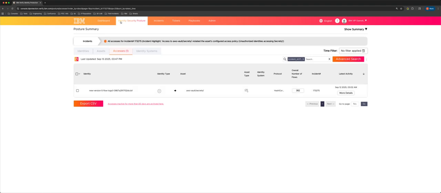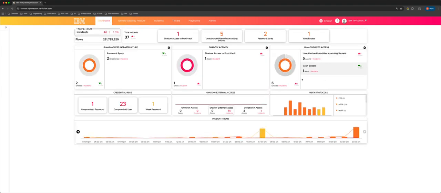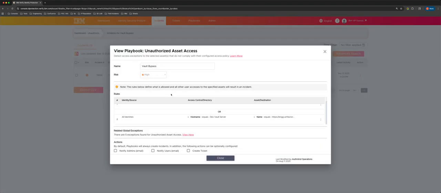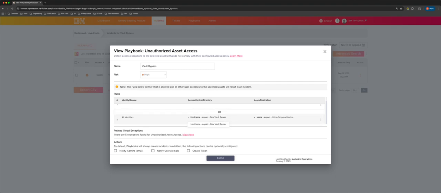In another fashion, if I want to protect an asset, for example, if we want to check bypass of Vault in general, I can look at Vault bypass. I can look at the rule that says basically all identities accessing these two S3 buckets, it doesn't matter who, have to go through our dev Vault server. And if we quickly look at the actual access, we see that the same S3 bucket that we mentioned here is accessed by some kind of a service account, but it is not happening through Vault.